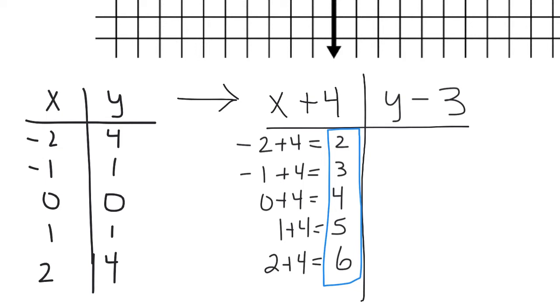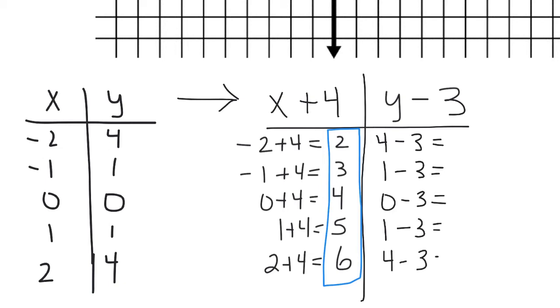I'm going to do the same thing for my y values. I'm going to take all of my original y values, and each of these needs to be subtracted by 3. I'm going to start with my first value, which was a 4. 4 minus 3, and then I have 1 minus 3, 0 minus 3, again 1 minus 3, and again 4 minus 3.